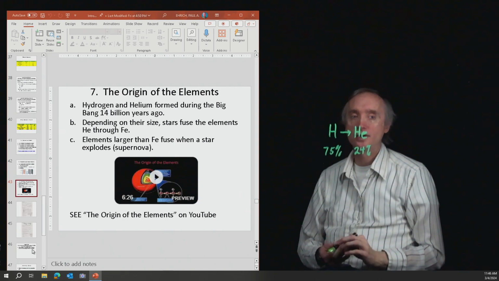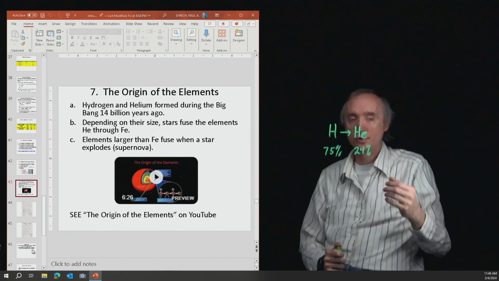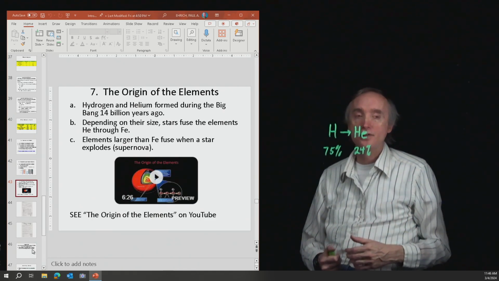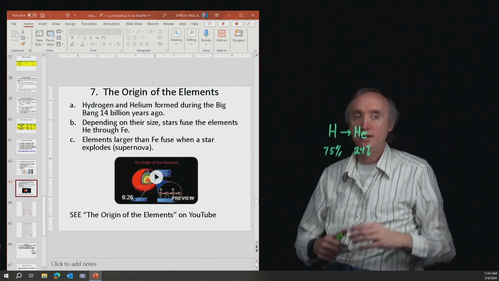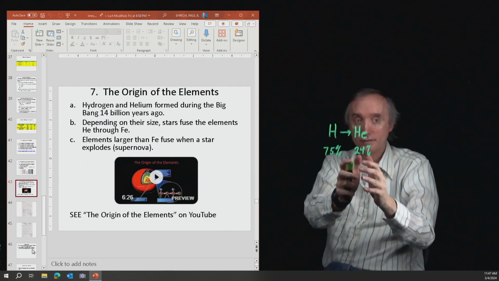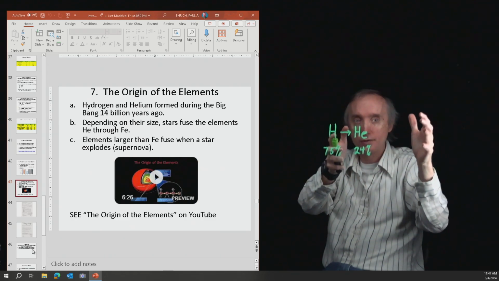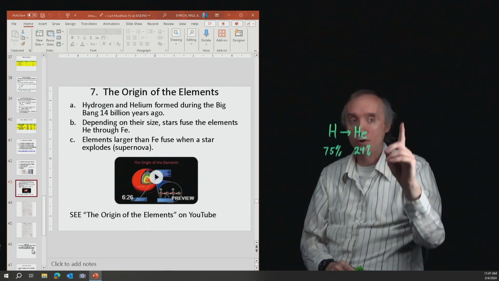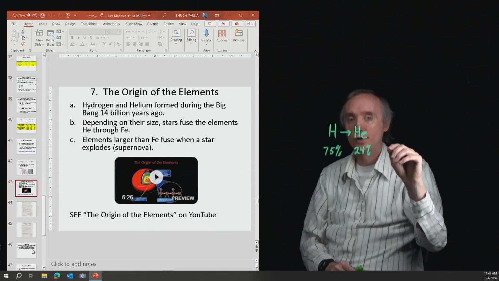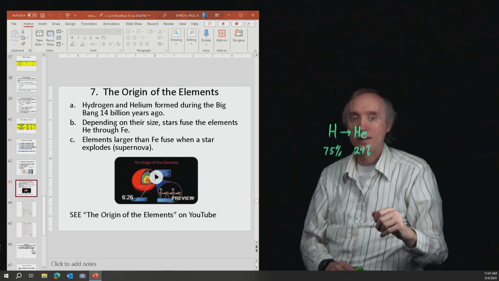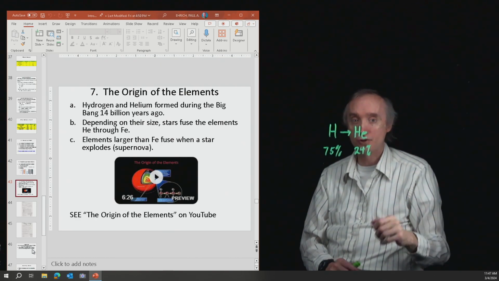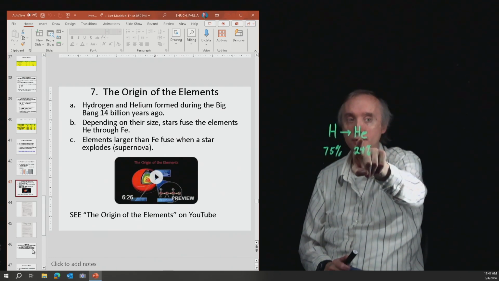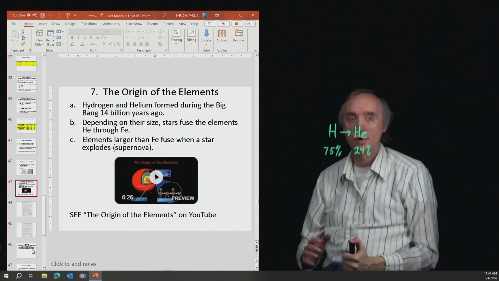Then, as the universe continued to expand, it continued to cool off, and eventually gravity started to grab onto the hydrogen and helium and started to compress it again. As these balls of hydrogen and helium collapsed, their temperature and pressure went back up until they reached a critical temperature and pressure at which thermonuclear fusion began to occur, and hydrogen began to be converted into helium again, and you have the birth of the first stars.